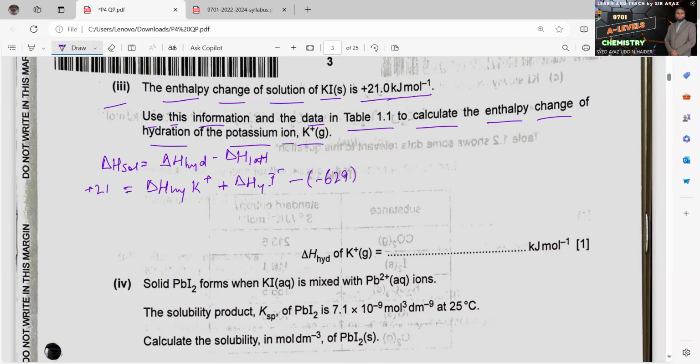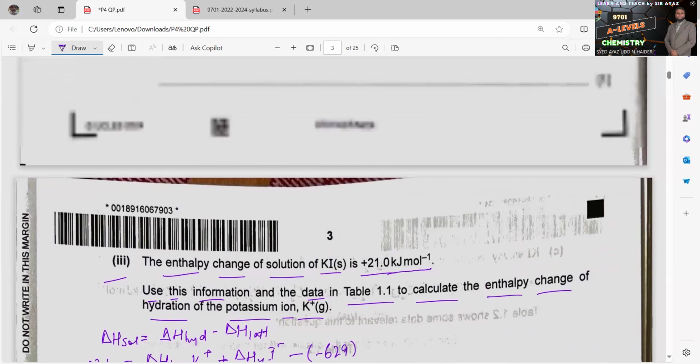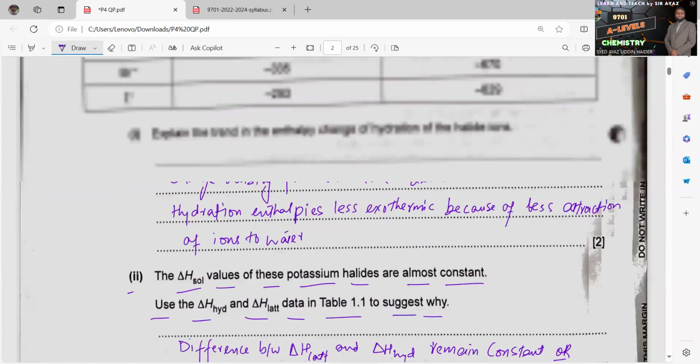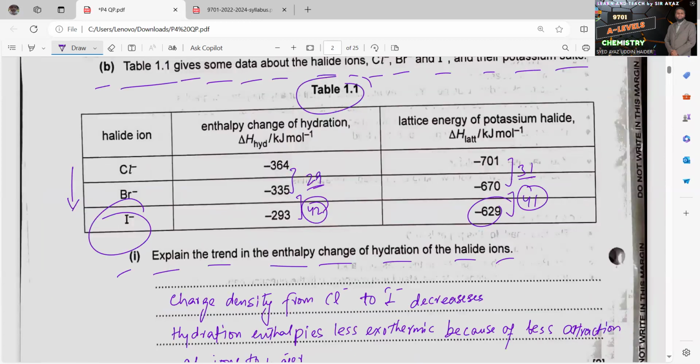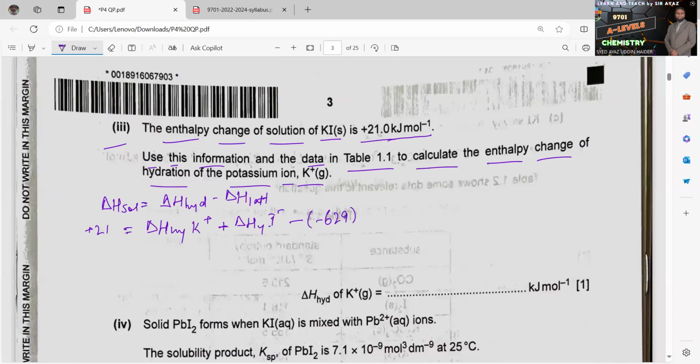What about delta H hydration for iodide? It's minus 293. So there must be minus 293 here.